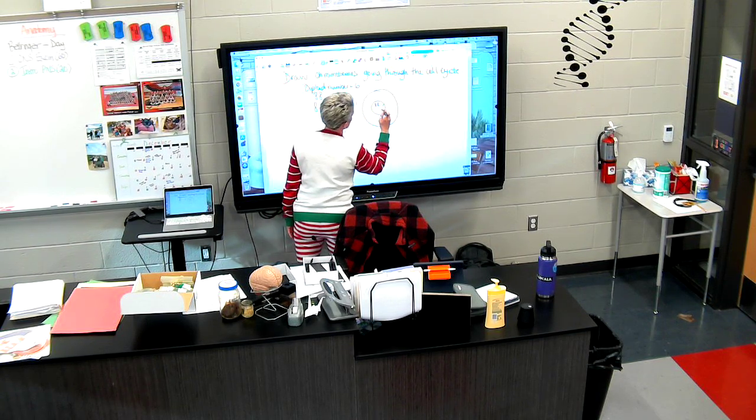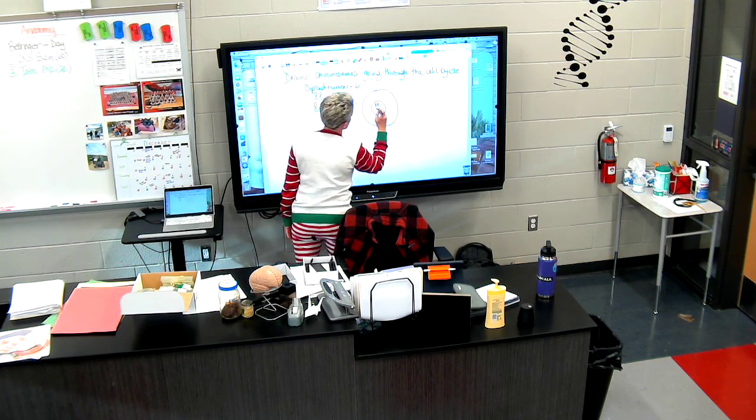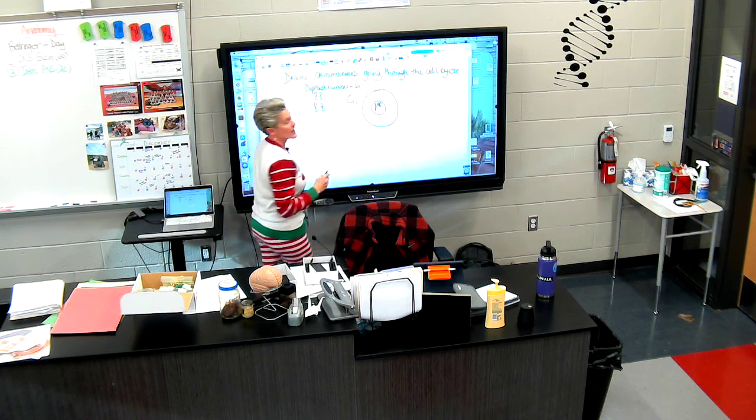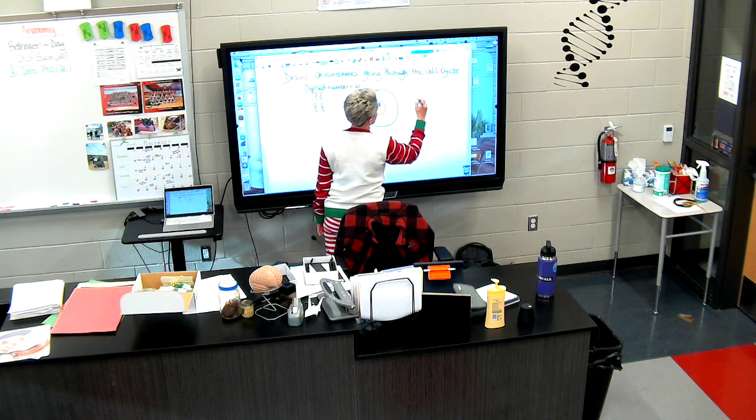So I'm sort of giving you what G1 should look like. They don't have to be beside each other. They can be anywhere.